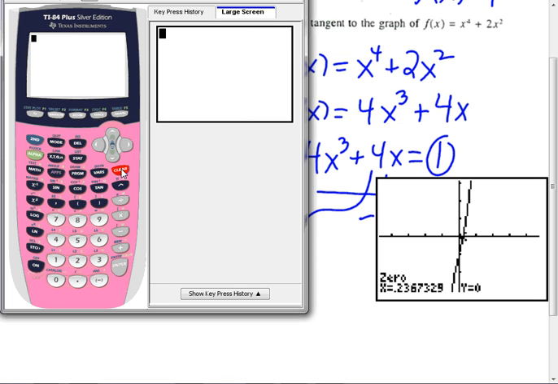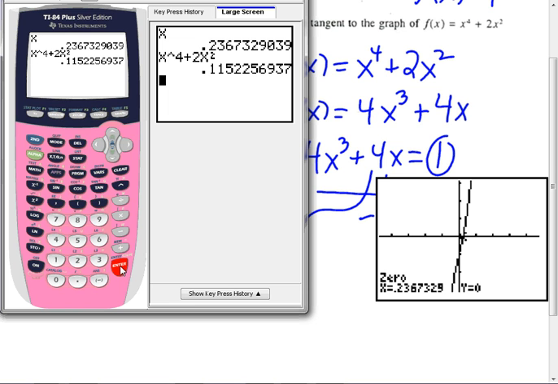If I type in x, I will have that value, 0.23673, etc. So all I have to do is type in x to the 4th plus 2x squared, right here, and it will evaluate that at that point. I don't have to do anything fancy. There it is, 0.115. What do you get?